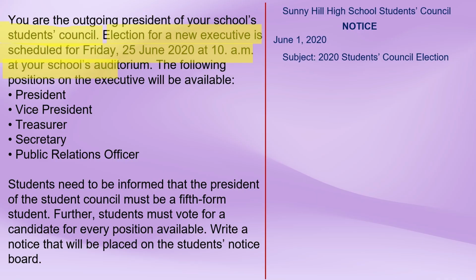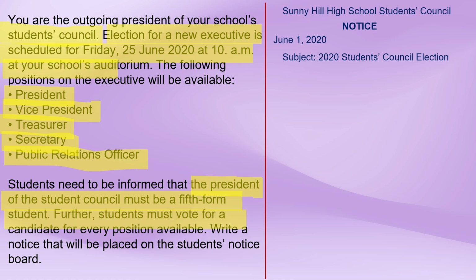We know the positions that will be up: President, Vice President, Treasurer, Secretary, Public Relations Officer, and there is some important additional information that the students need to have. The President of the Students' Council must be a fifth form student. That's important. And they also need to know that they must vote for a candidate for every position. Okay, so I think that's the basic information, and those are very important.